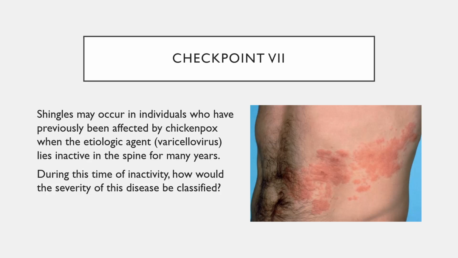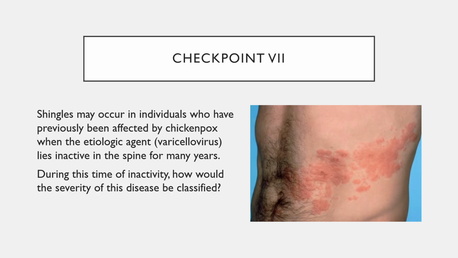Next, shingles may occur in individuals who have previously been affected by chickenpox, when the etiologic agent, which is varicella virus, lies inactive in the spine for many years. During this time of inactivity, how would you classify the severity of the disease?